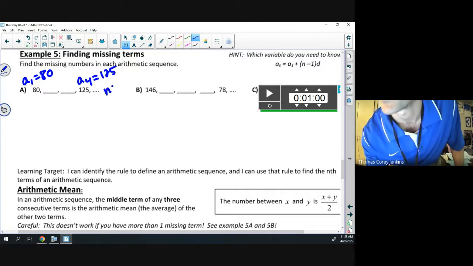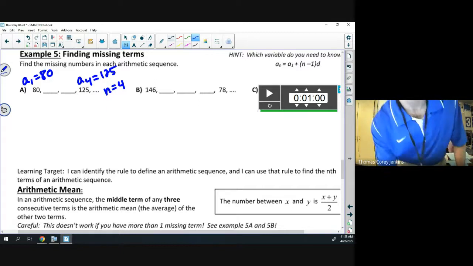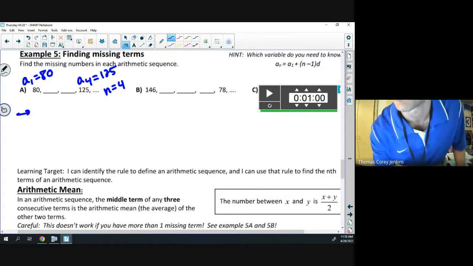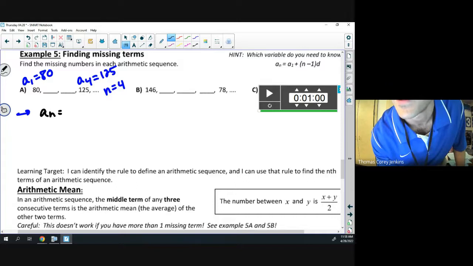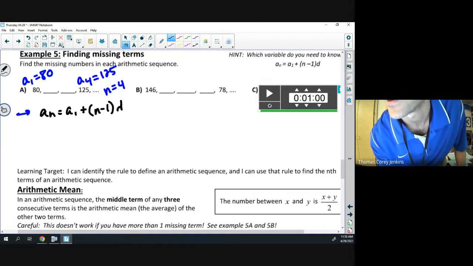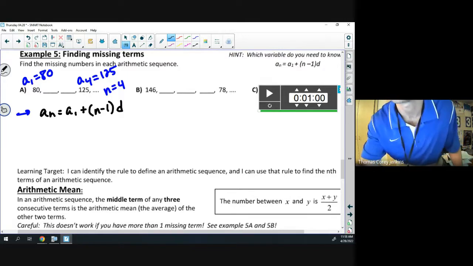And we can go ahead and plug in 4 for n. So from my starting point, a sub n equals a1 plus n minus 1 times d. Watch what happens when we plug all these values in.